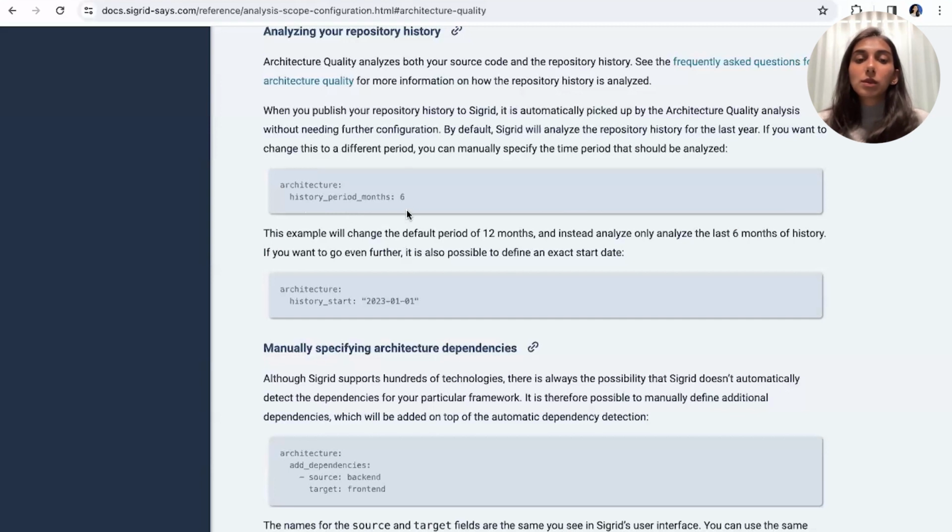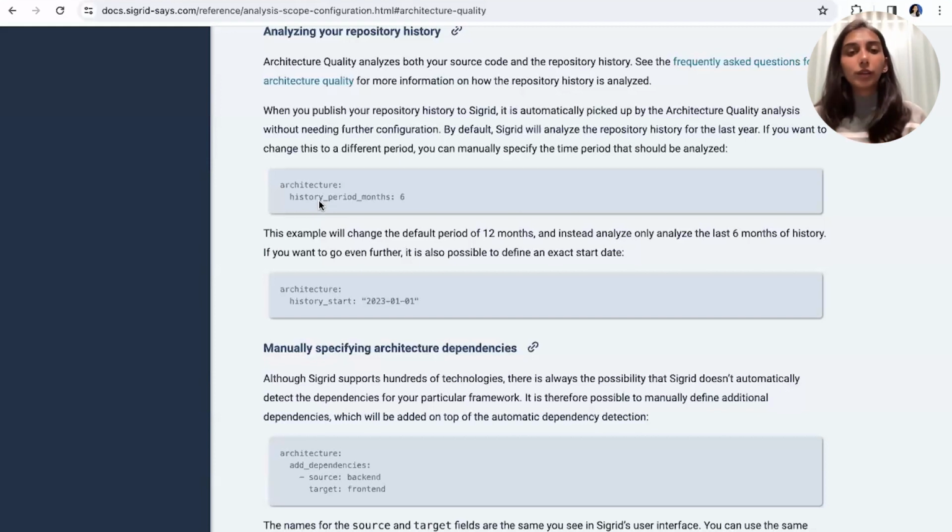About this history period, there are these three metrics that are related to this history. By default, we take the history for the last 1 year. But some people find that a bit long. They say a year for such metrics is just too long. I want to know where my knowledge is limited at the current moment.